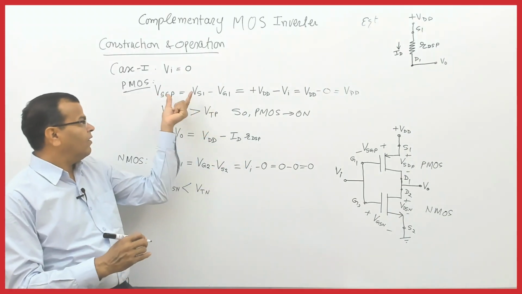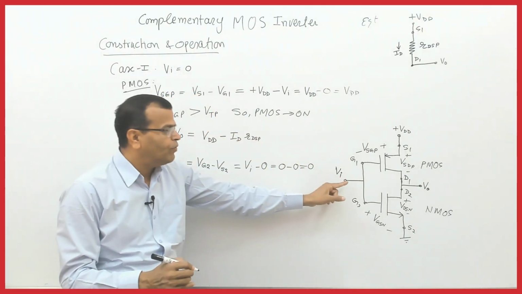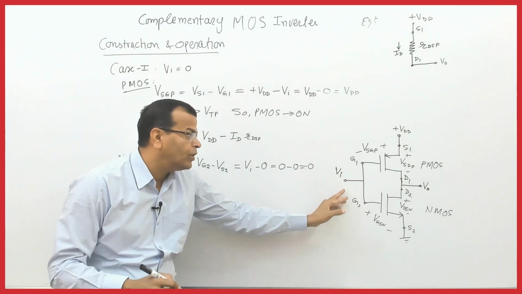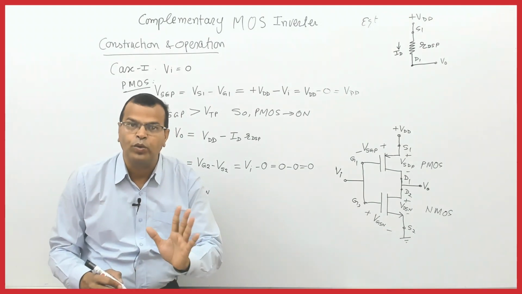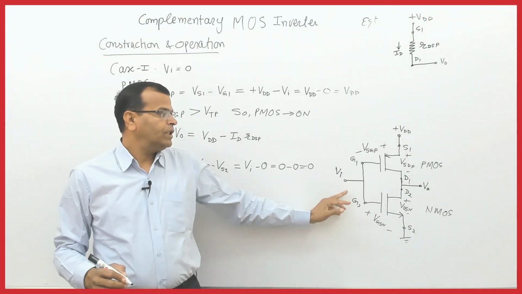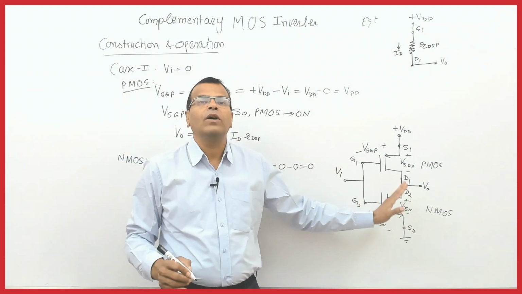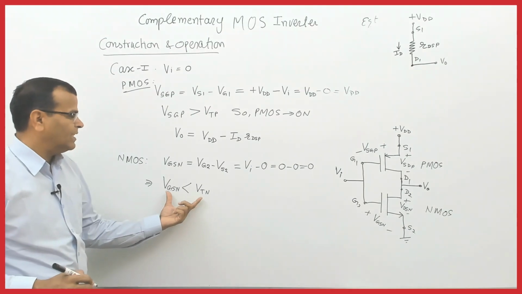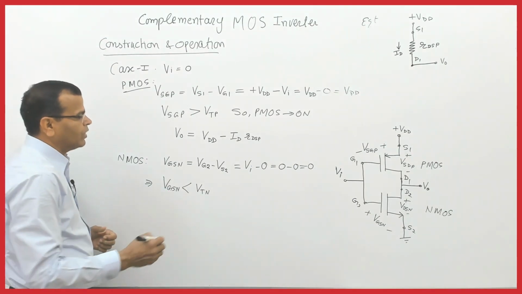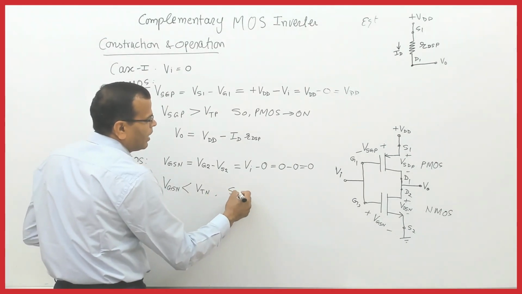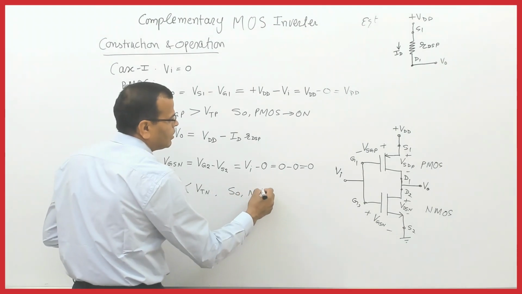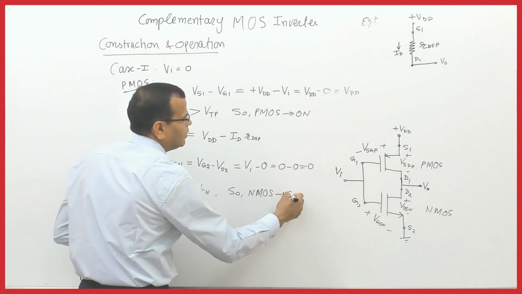So when the input voltage is 0, that means when the input is connected to ground, 0 means ground, your NMOS is off. Why? Because its voltage is less than the threshold voltage. So here I conclude, NMOS is off.